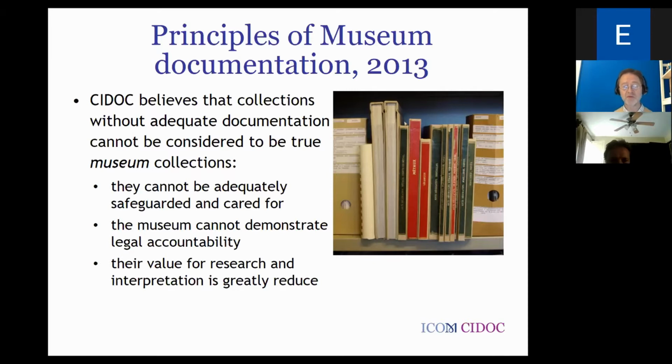So anybody who joins ICOM and signs up and becomes a member of ICOM agrees to respect the ICOM Code of Ethics and also agrees to respect these principles of museum documentation. There are 3 essential points in it: that museum documentation is necessary to safeguard the collections, to demonstrate legal accountability, and for the value for research and interpretation of the documentation.